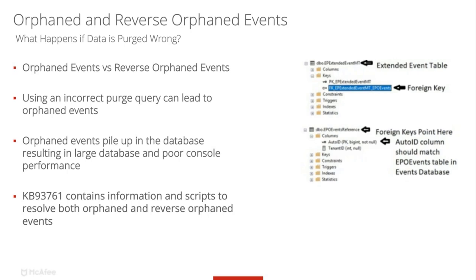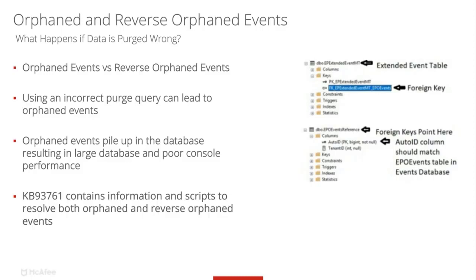So what is a reverse orphaned event? That is the exact opposite. It means that the events are in the thread event database, but there is no corresponding reference to them in the ePO event reference table of the primary database. How does that happen, you might ask?